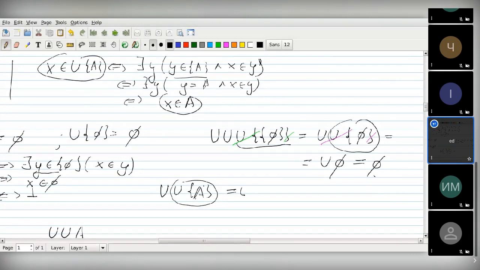This is the union of {A}. The first application cancels the curly brackets, and the later ones depend on A. What's A? In general, I can't say more because I don't know what A is.